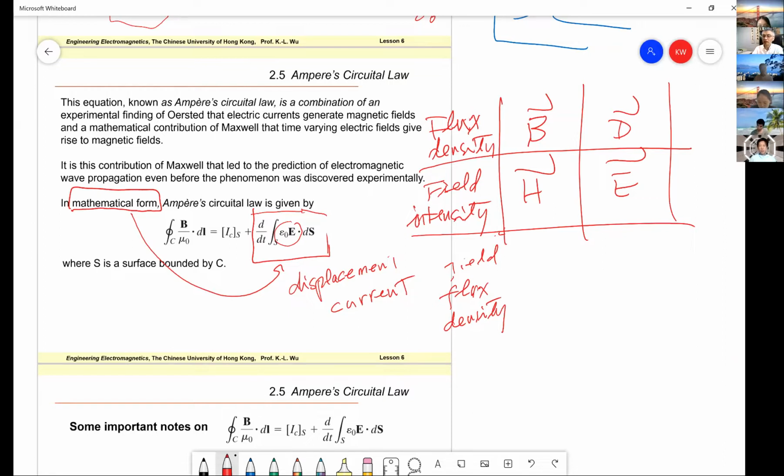Now we are not surprised. If the magnetic field flux changes with time, it creates something, right? Then we also expect the electric field flux, when it changes with time, creates something. What does it create? It creates a current. If this current I call ID, then this current I call IC. IC may be the conduction current, and ID is the displacement current.